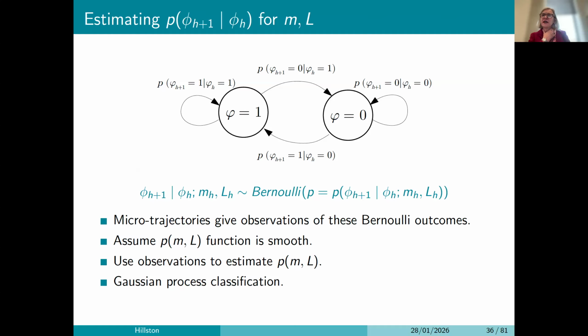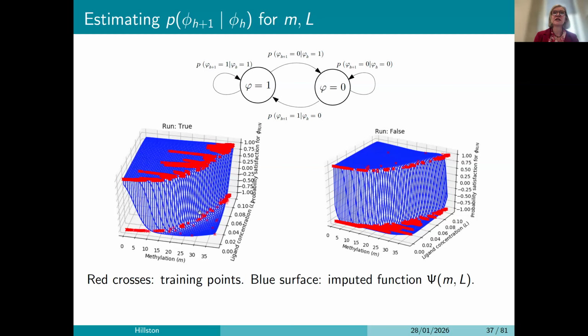So we do run that population CTMC, but just for a very short time span, so that we can build an estimate of these probability distributions. We assume that P and L are smooth functions, and we use the estimates that we get from these very short simulation runs to then build our probability distribution here. And we use Gaussian process classification for that. So when we do this, we, as I say, take very short runs, starting at a sample of places within our parameter space.